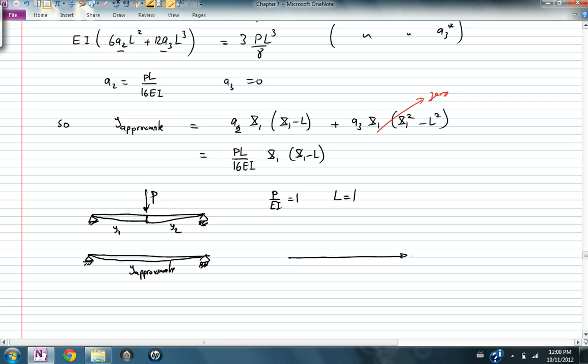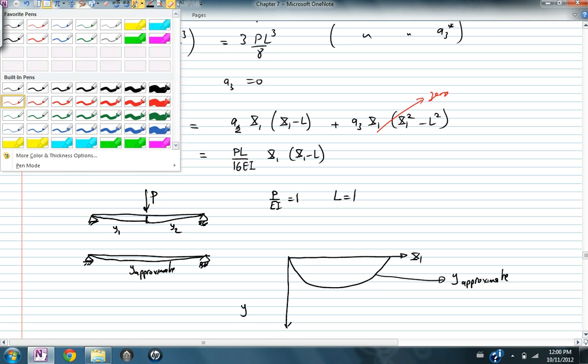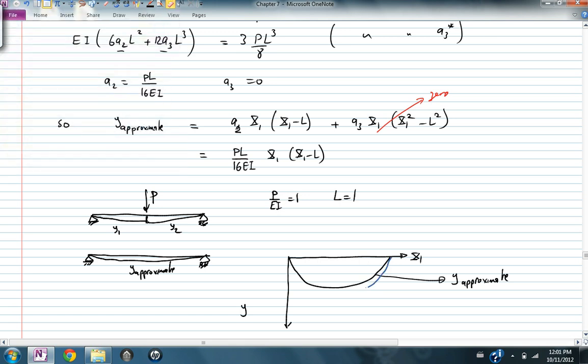If this is x1, and this is the displacement, you'll find this is the approximate y, and the exact, which is made out of y1 and y2, will be something a little bit more. They're not exactly the same, but they're close enough.